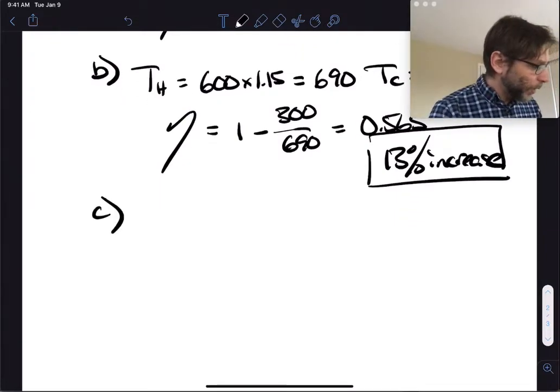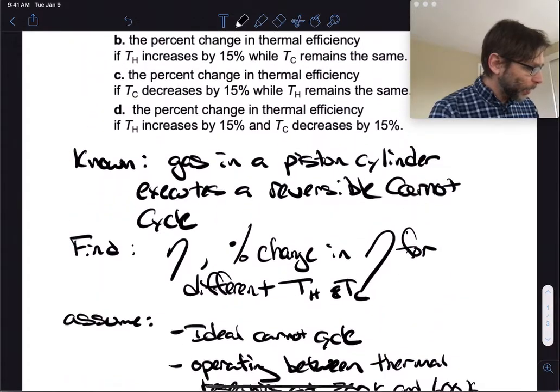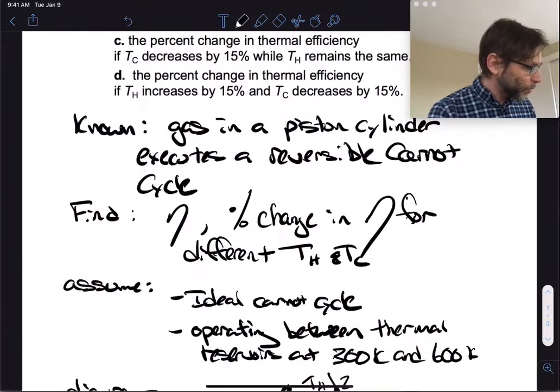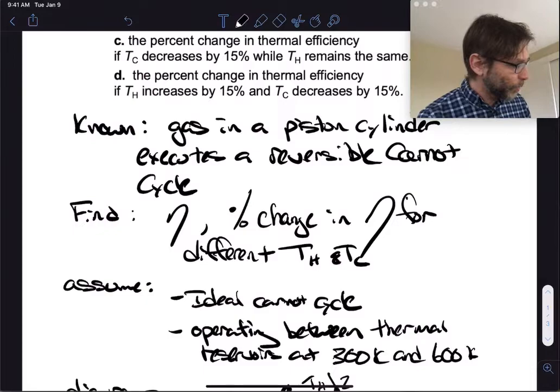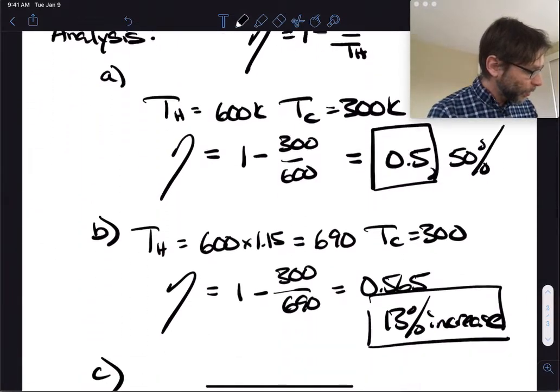So this is going to get repetitive, so I may not have to do all these. So the percent change in thermal efficiency when TC decreases by 15%.